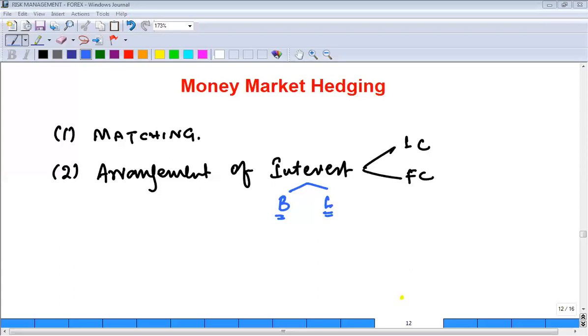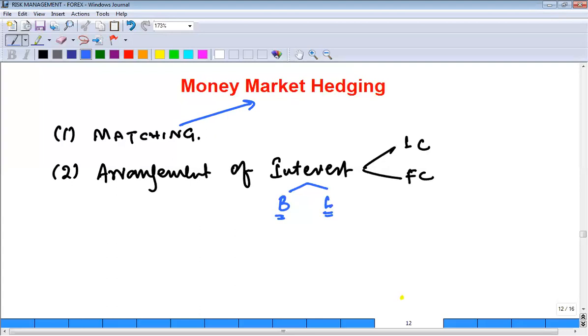The same matching principle is applicable in foreign exchange risk management by money market hedging. The same principle will be applied. How it works, I will explain accordingly. But do remember, in your course context, there is a concept of matching where we can protect our losses.